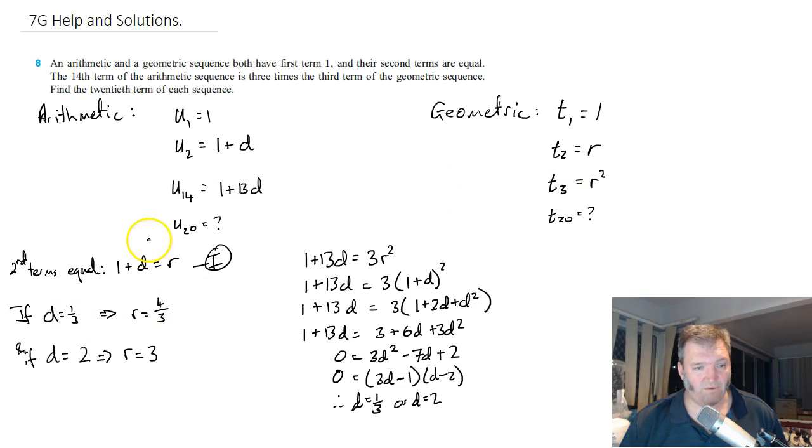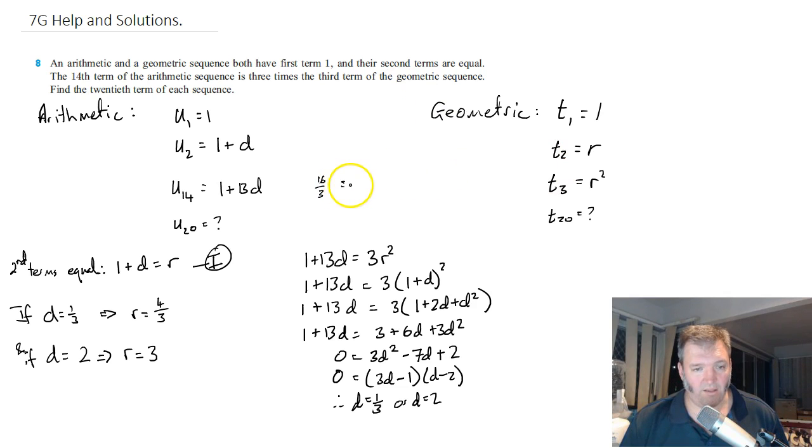So using D equals 1/3, 1 plus 13/3 would be 16/3. So U14 would be 16 over 3. And the 14th term needs to be 3 times the third term.